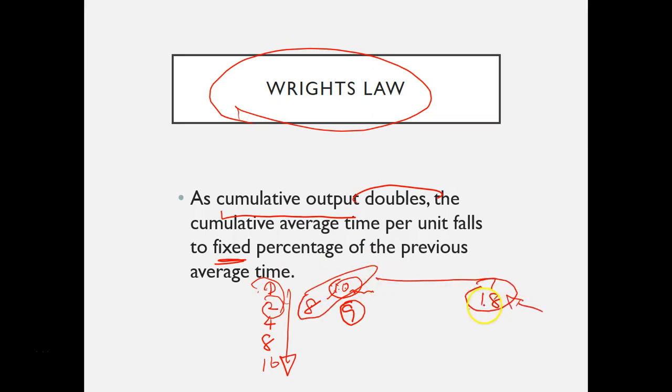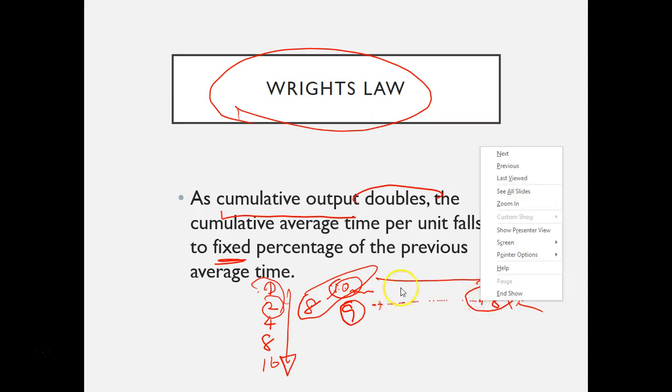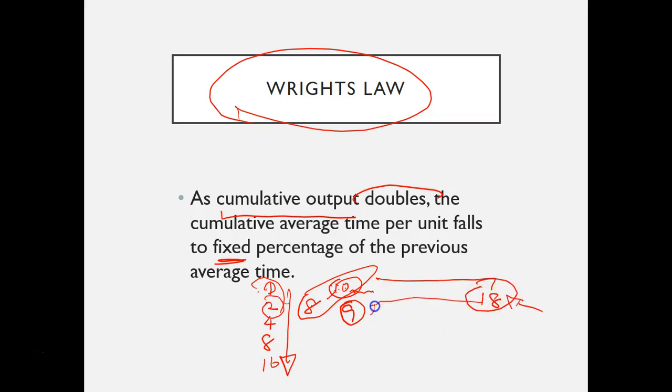That's the total. And this total, if I find the average, will be 9. So this relationship is saying that as the cumulative output goes from 1 to 2, the cumulative average here is 10 divided by 1, and that's 10. And the average here is 18 divided by 2, and that's 9.